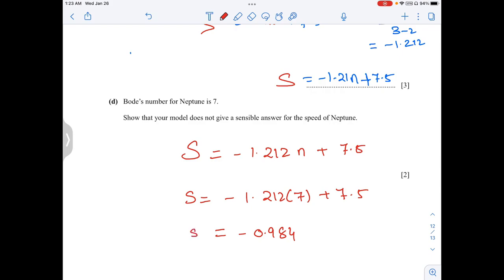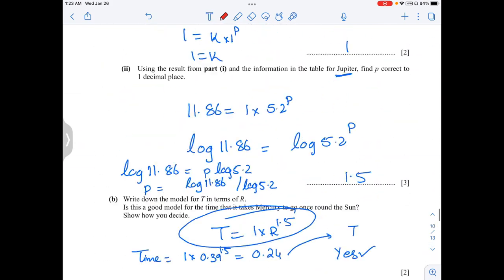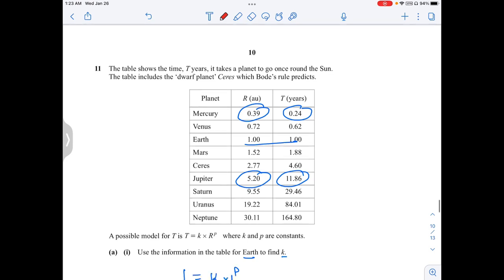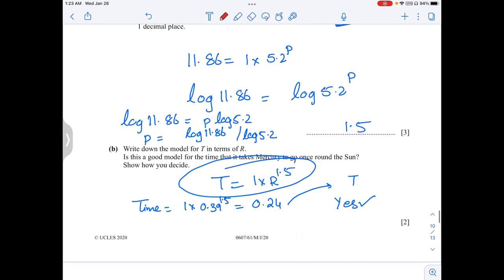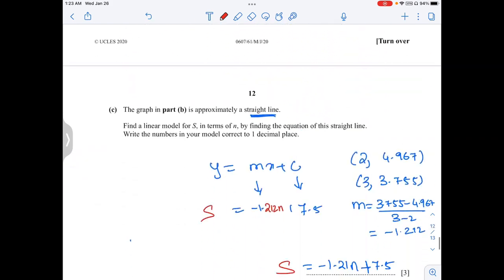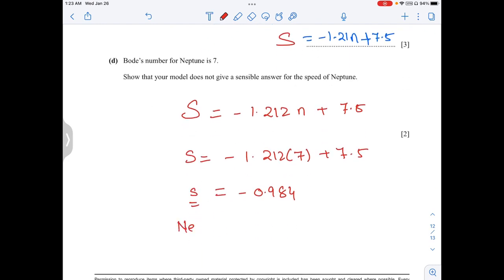That is the speed. But what is the speed according to the table? It is a negative answer. Our answer cannot be negative, because it should be positive, right? So we say that it's not a correct estimate. It is not a sensible answer because speed cannot be negative, which would mean going in the backward direction. It should always be a positive one. Therefore, for Neptune, it doesn't work.